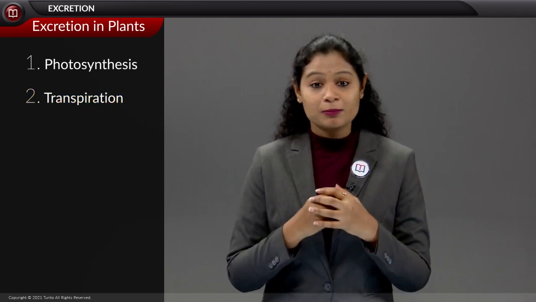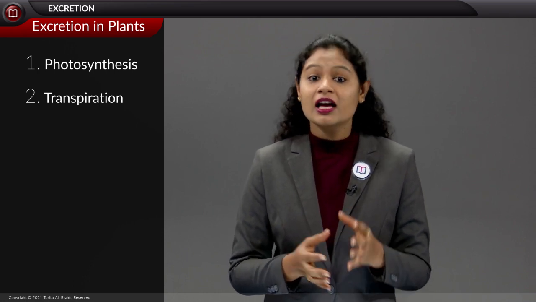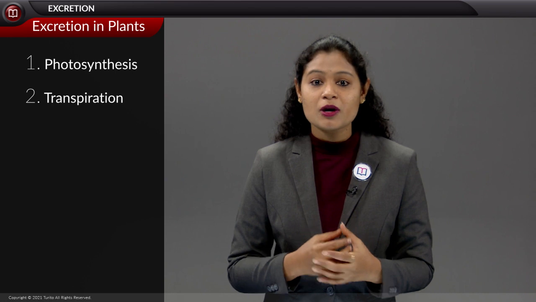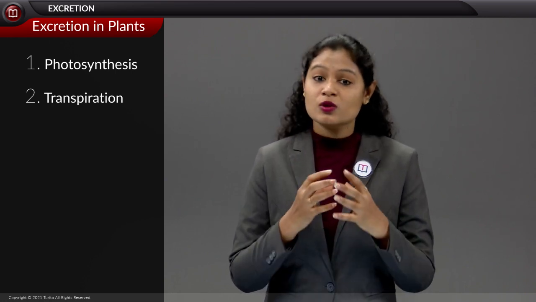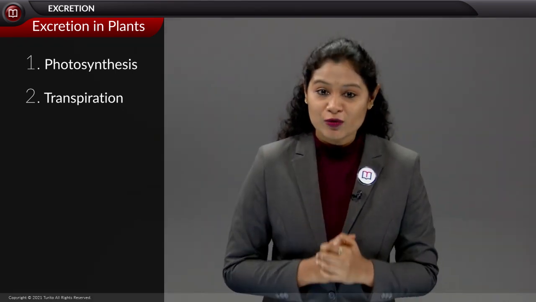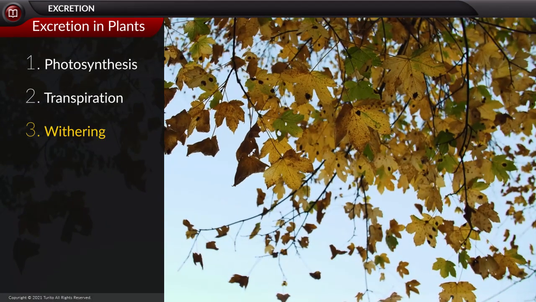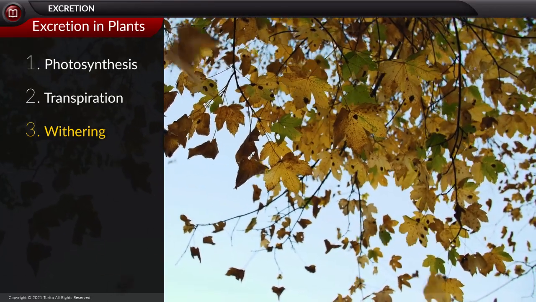We see that in plants, they have metabolic activities and protein synthesis happening. Now, this will also release a certain amount of nitrogenous waste which has to be eliminated. So, this waste is also stored in the vacuoles. Now, we often see dried leaves falling from a tree. This is also an excretory mechanism of the tree.